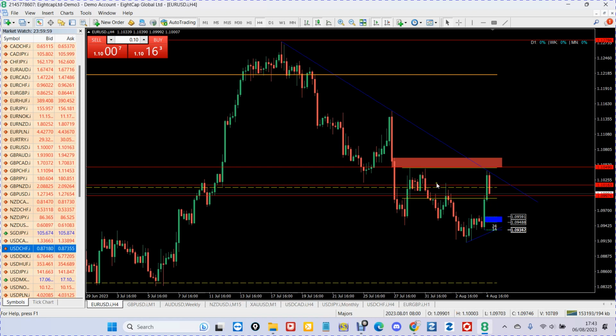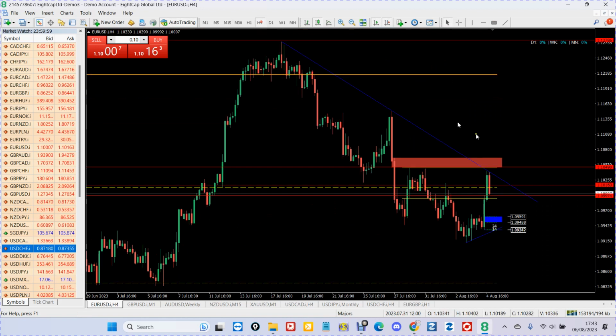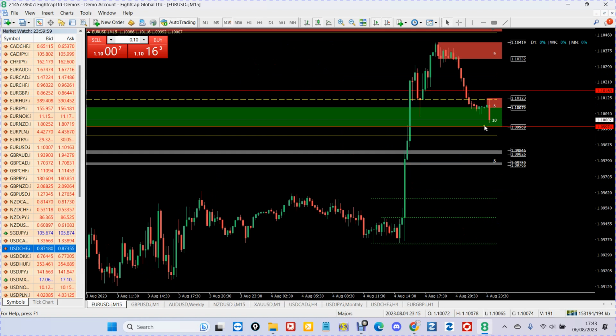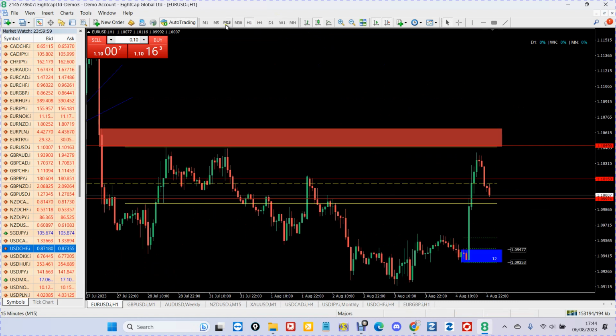Now, if price doesn't do that and continues lower, we've got a 15-minute level right here. But like I said, we're in a 240-minute range area. So what I want to see happen is this is the low of that. Is that the low? Let me just double check that line. Yeah, basically where we closed.